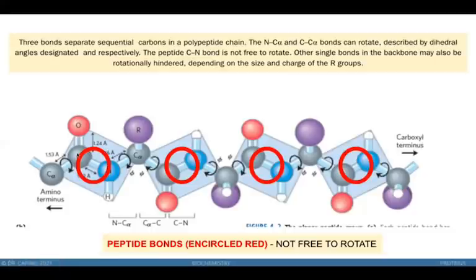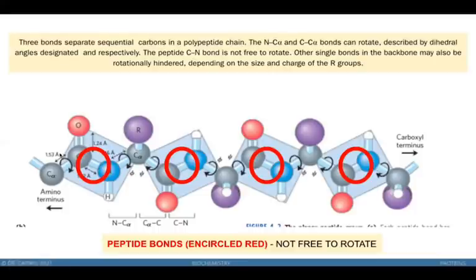So the oxygen is pointed upward here, the hydrogen is pointed downward here, the oxygen is pointed downward here, the hydrogen is pointed upward here. So there's an opposite arrangement of the oxygen of the carbonyl group and the hydrogen of the amide group.